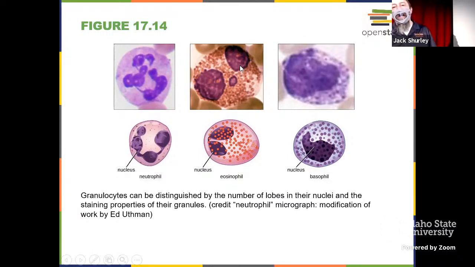The eosinophil, bilobed nuclei, and very red, orange kind of staining granules. You know you see an eosinophil because everything else has kind of bluish, purplish granules if they have granules, lighter or darker, but these guys are very different. They stick out. So they're hard to find, but when you do find one, you pretty much know with certainty you've got an eosinophil because it's nice and red. So you can see these granules sticking out.